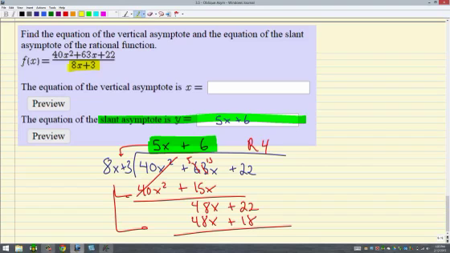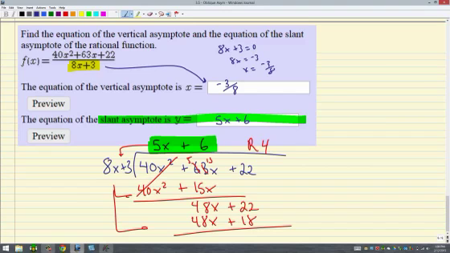The vertical asymptote is at negative 3/8. That comes from here. 8x plus 3 equals 0. 8x equals negative 3. X equals negative 3/8.